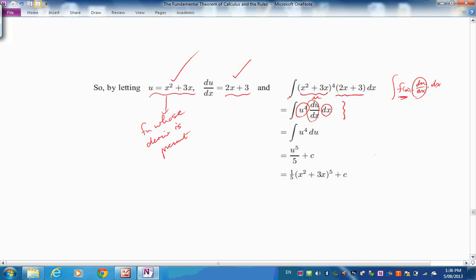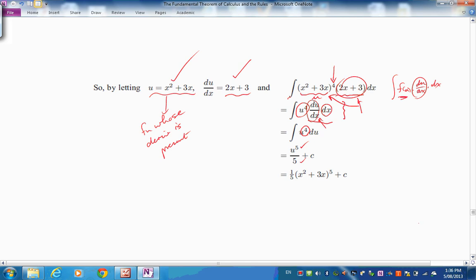We know that this derivative is present from the chain rule. So all we have to do is reverse the other function. That's what it's saying. Reverse u to the fourth. So it's u to the 5 on 5. We don't have to worry about this. We just have to worry about this function. That's what it's saying. Why is this here? Because it's a derivative of that in there. It's saying you can ignore that derivative.